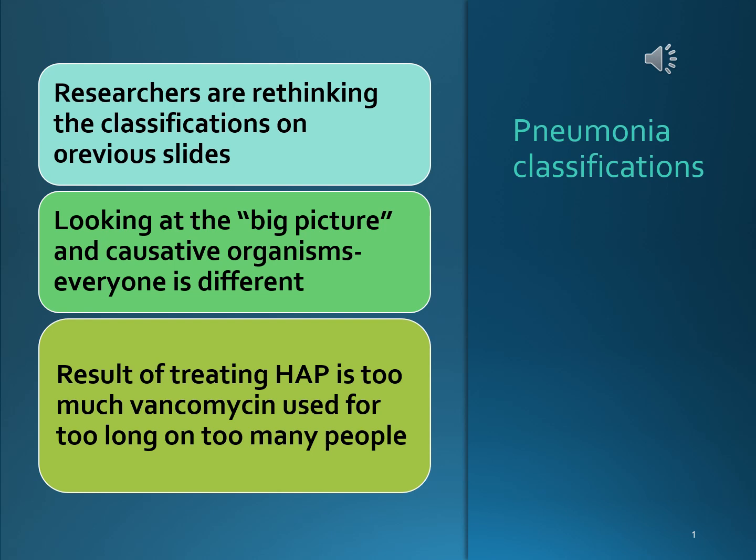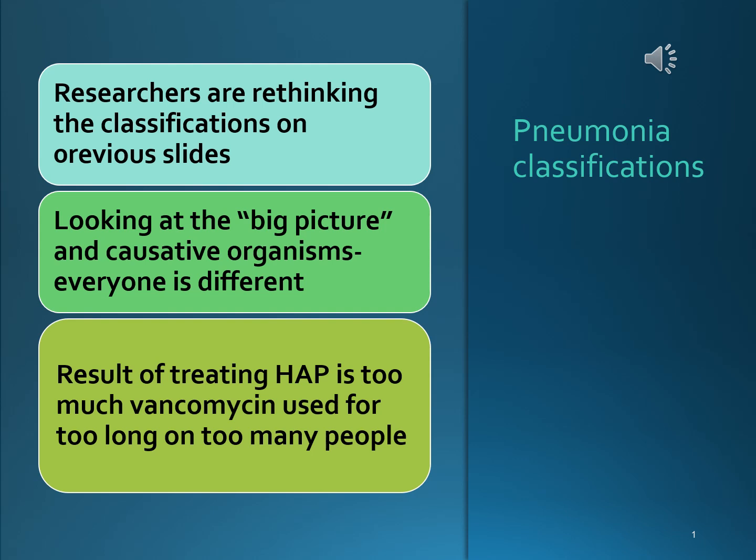So if you think it's facility acquired, you've got to empirically treat before you get a culture. And so everybody gets vanco. And unfortunately, not everybody, once they isolate the organism, gets backed off the vancomycin and gets a different drug. And so the result of treating all of this facility-acquired pneumonia is far too much vancomycin is used for too long on too many people.